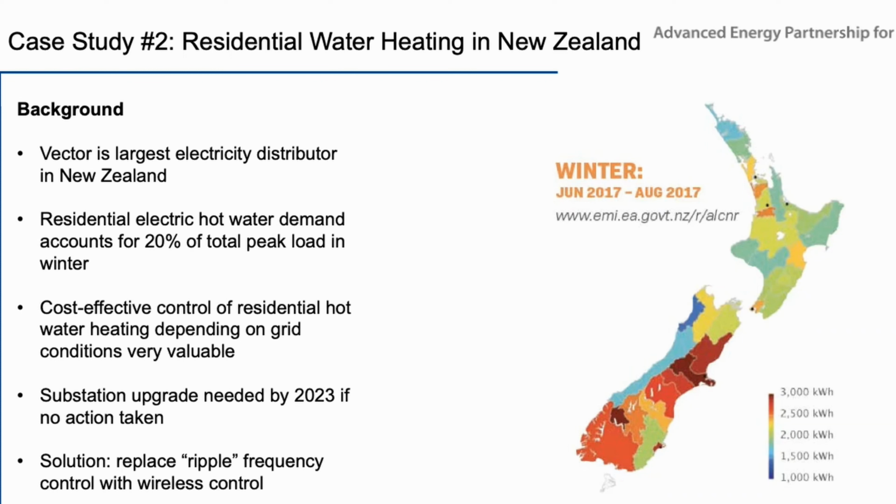But it's very clumsy in a way. It can't target specific users or focus on regions where grid overload is the highest. So instead, Vector came up with a wireless way to control hot water heaters at a very low cost, with much more granularity in which hot water heaters they turned on or off.